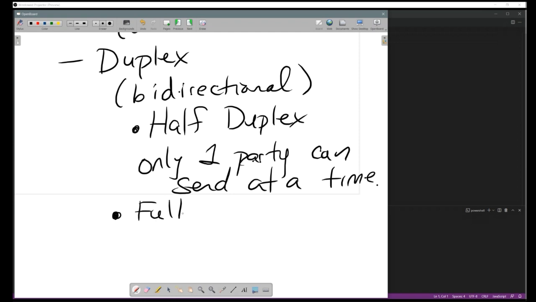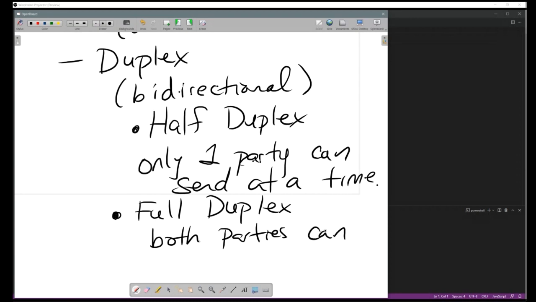The other one is going to be full duplex, or fully duplex, which means that both parties can send at the same time.